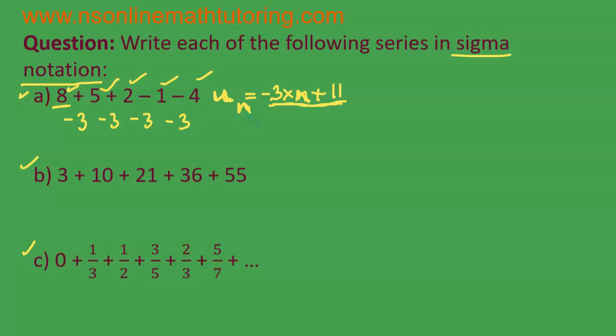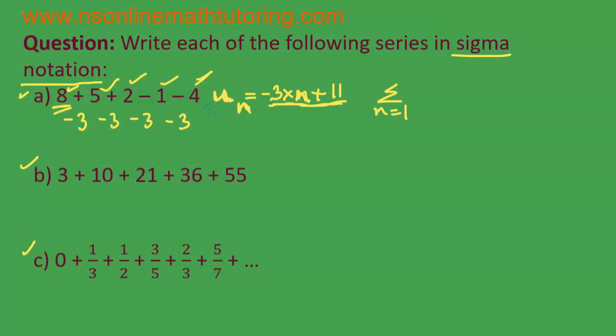Now, the last step is to just add the sigma notation. It is sigma, and n is the variable. N is having its value changed. So, we write n is equal to, what is the starting value of n? n is representing the term number. Obviously, the starting value is 1. So, n is equal to 1. And what is the ending value of n?